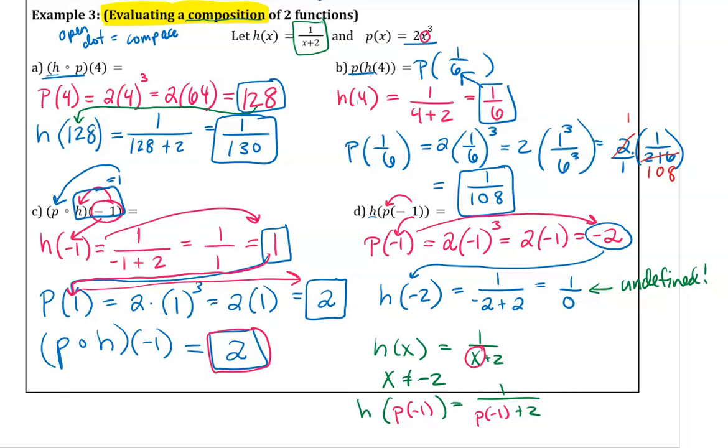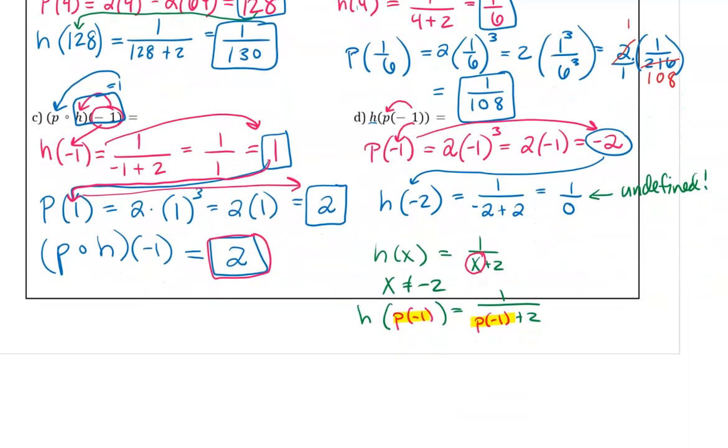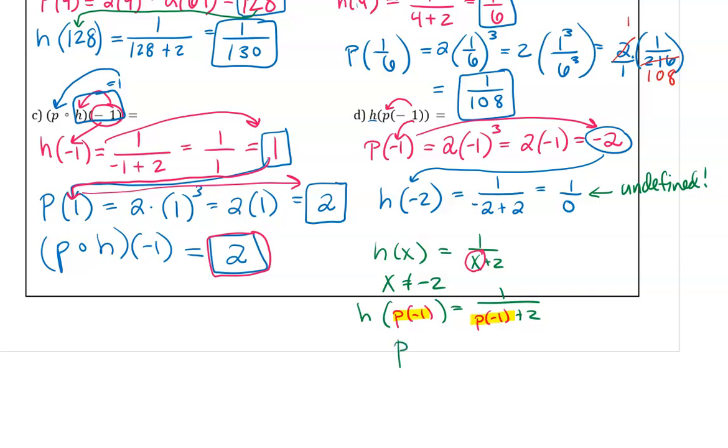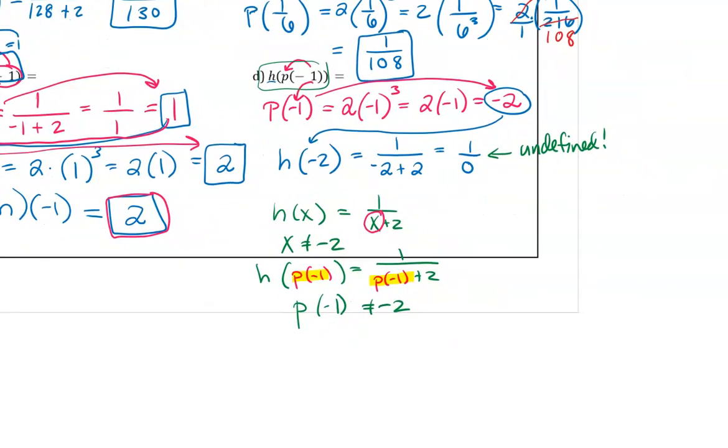Whatever I end up putting in here, that value cannot be -2, because then h of that value is not defined. But in this case, p of -1 was -2. So we have a problem. This can't happen. I can't go that way. h of -2 doesn't exist, so therefore h of p of -1 does not exist either.